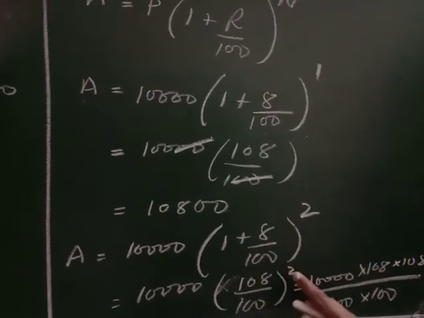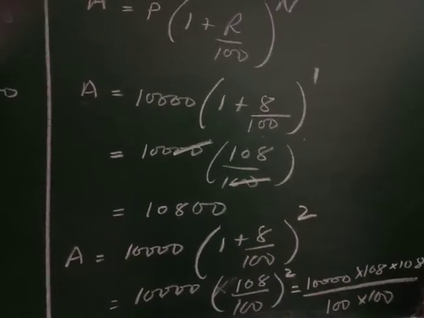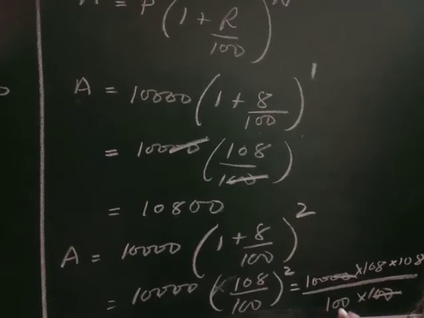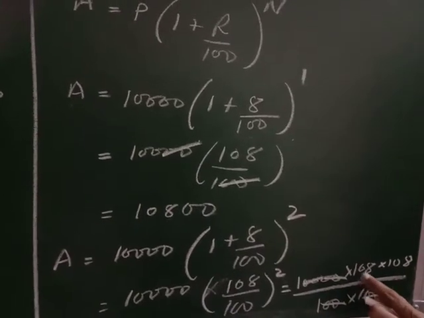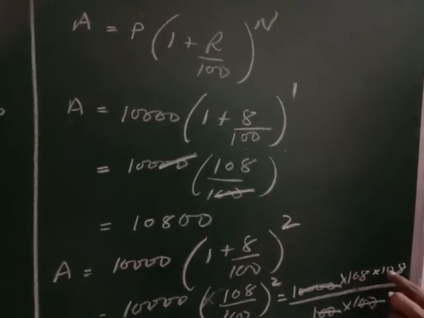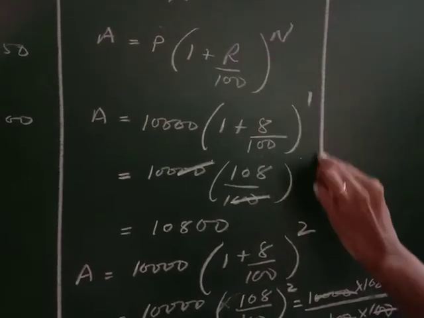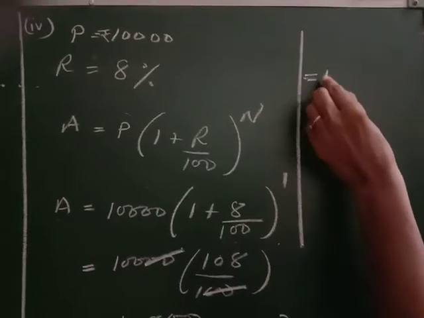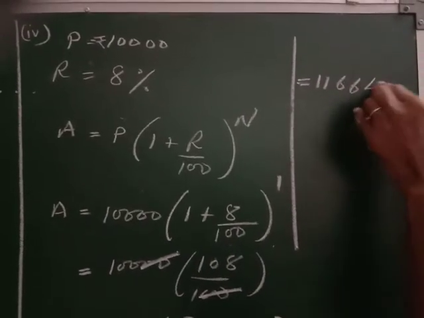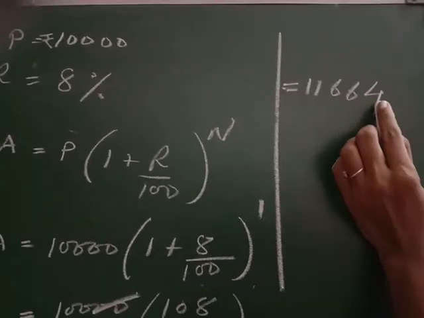See here, this is for 2 times. So 108 into 108. So 20 cancels, another 0, another 2 cancel. So what is my third term? 108 into 108. So 108 into 108 is 11664.